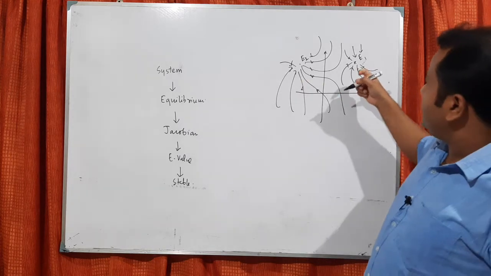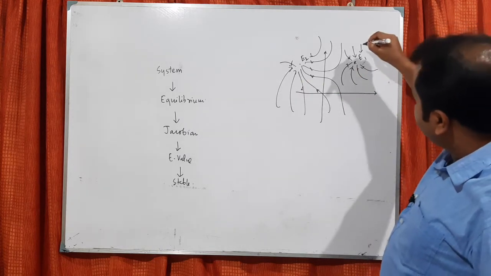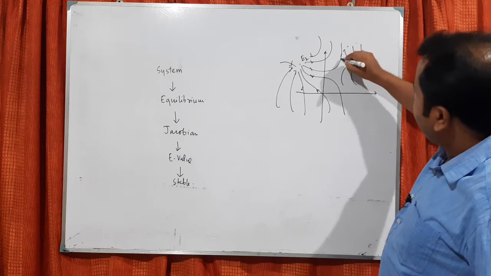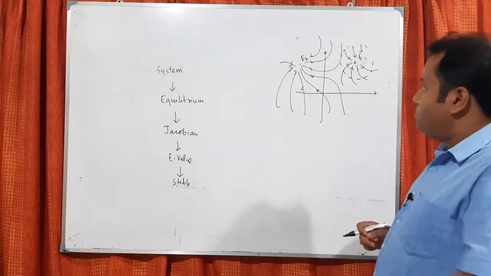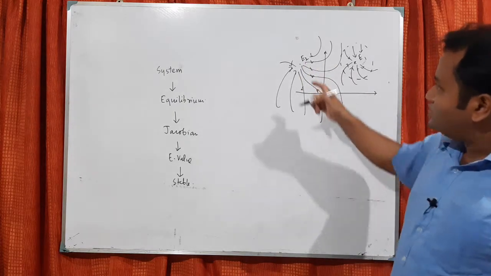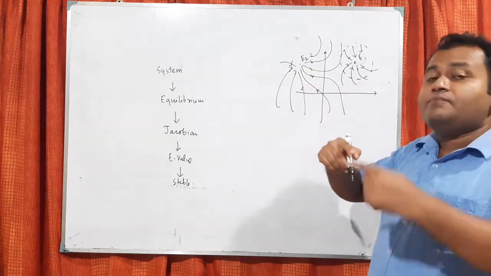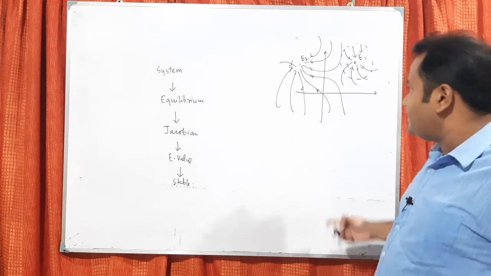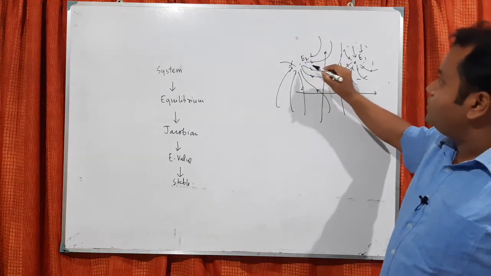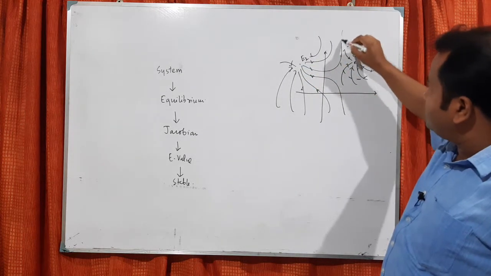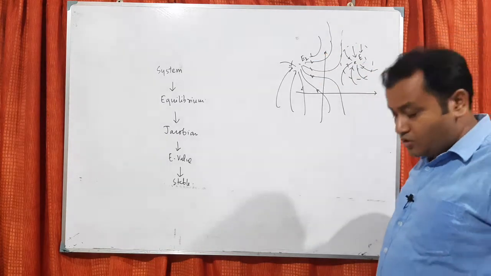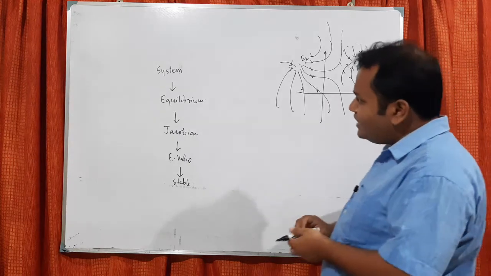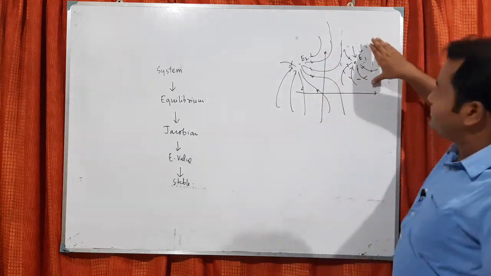E1 is locally stable, because in a neighborhood of E1 everything is going towards E1. But E2 is also locally stable, and it is something more than locally stable. It is not only in a small neighborhood; everywhere the curve starts, it is moving towards this point.